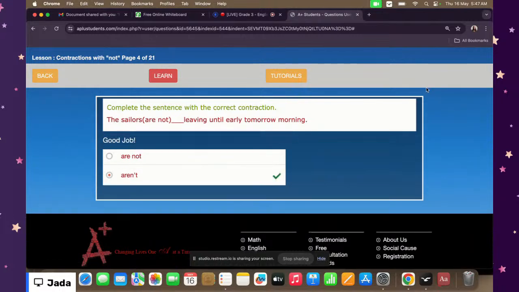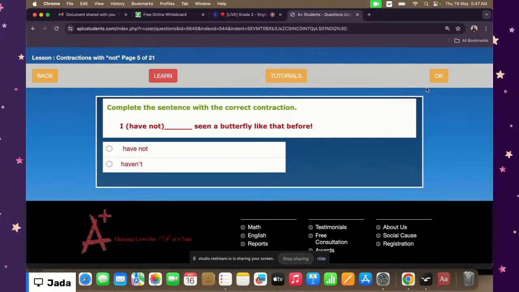Okay. I have not seen a butterfly like that before. So have not. Have nots.